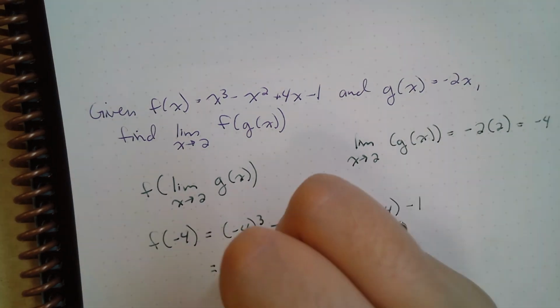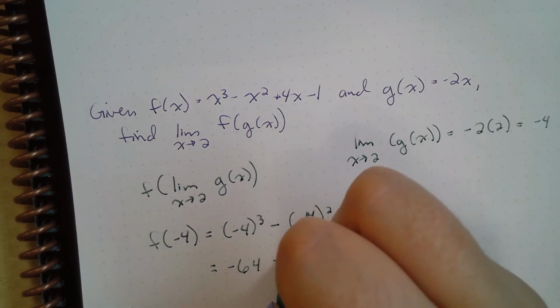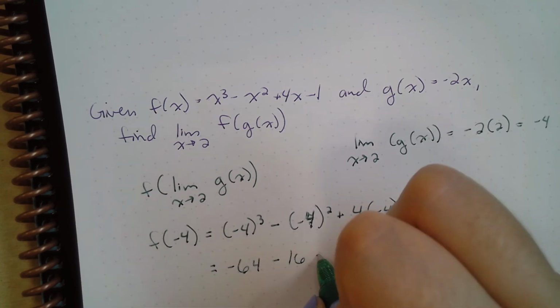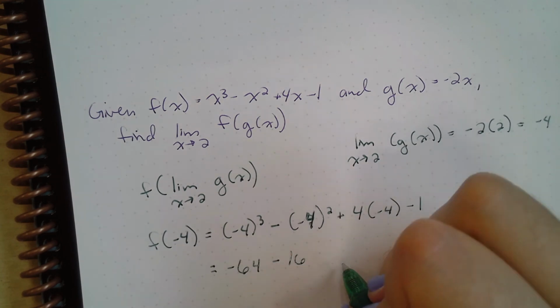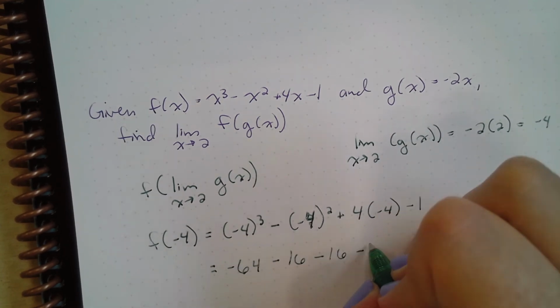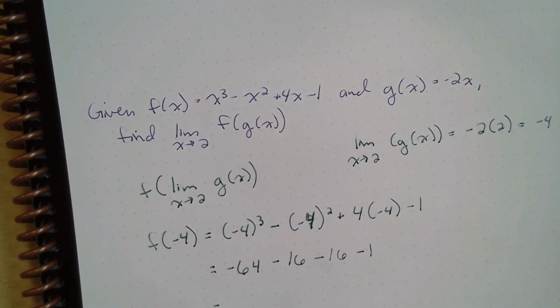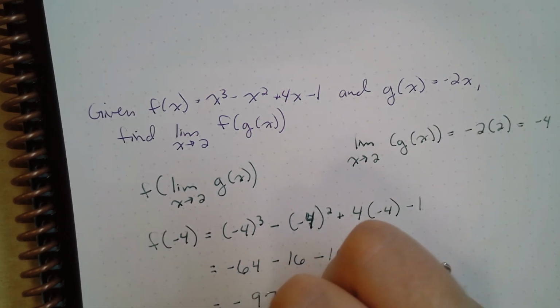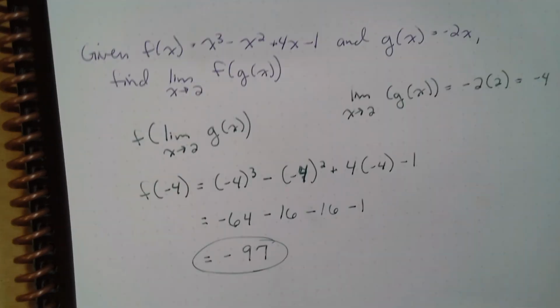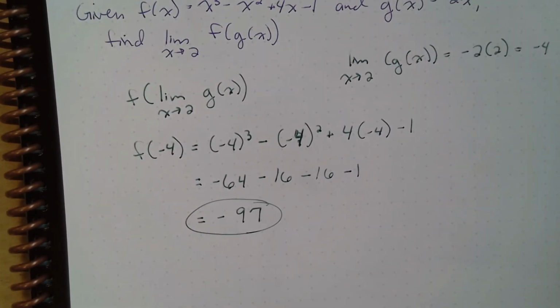So it's going to give us negative 64 minus 16, minus another 16, excuse me, minus 16 minus 1, which if you add up should be negative 97. And that's basically it. That's the properties of limits in action. We'll work on this in class and try and get a better grasp of it, but hopefully this made a lot of sense to you.